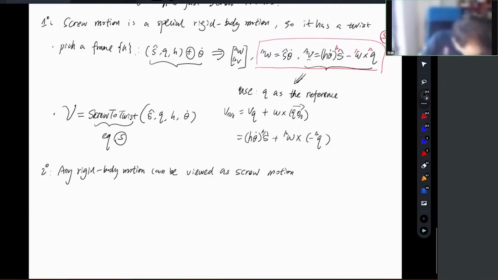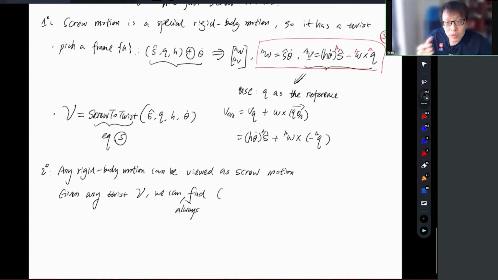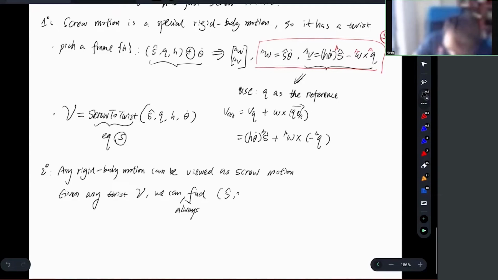In other words, given any twist V, we can always find our natural parameterization of the screw axis, which is S hat, Q, H, and theta dot, such that equation 5 holds.